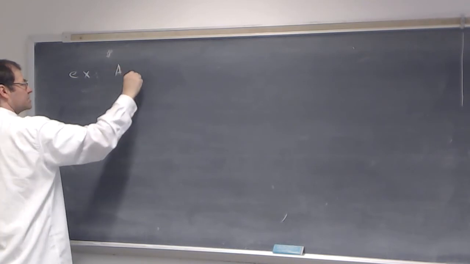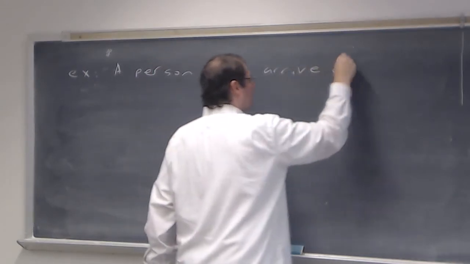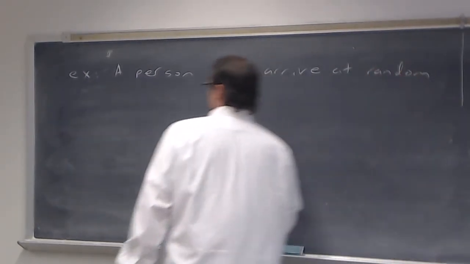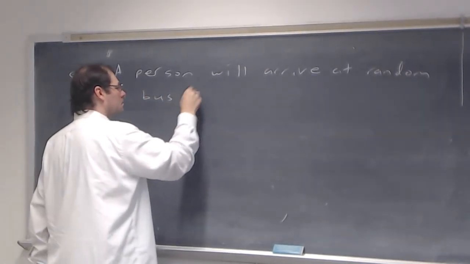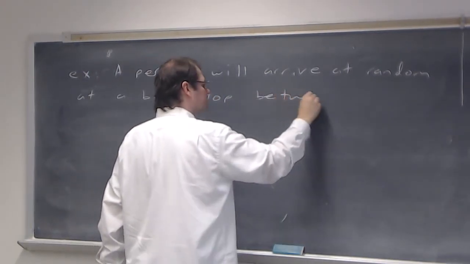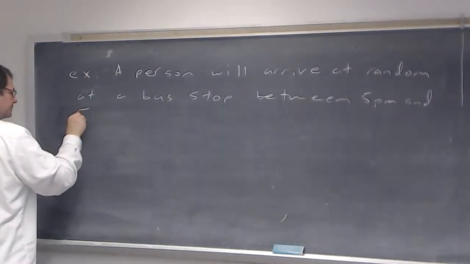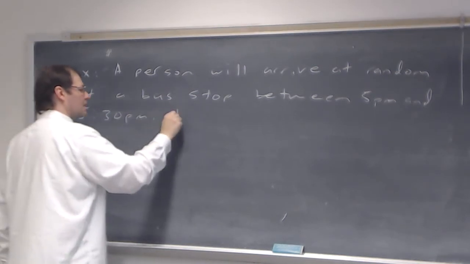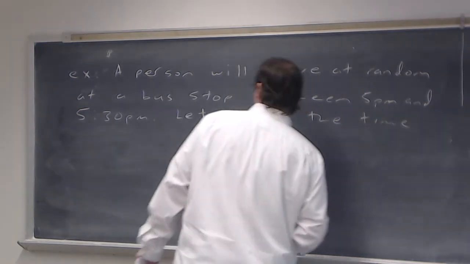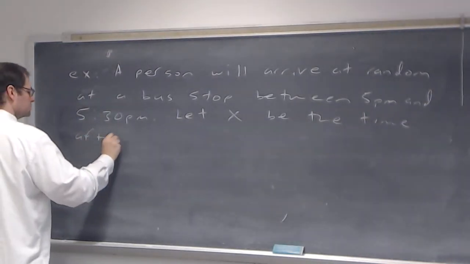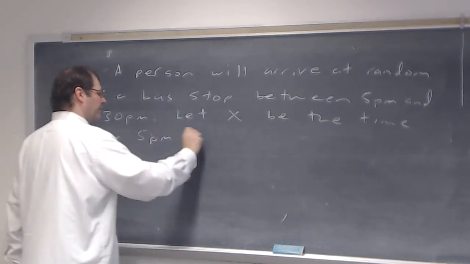A person will arrive at random at a bus stop between 5 p.m. and 5:30 p.m. Let x be the time after 5 that the person shows up.